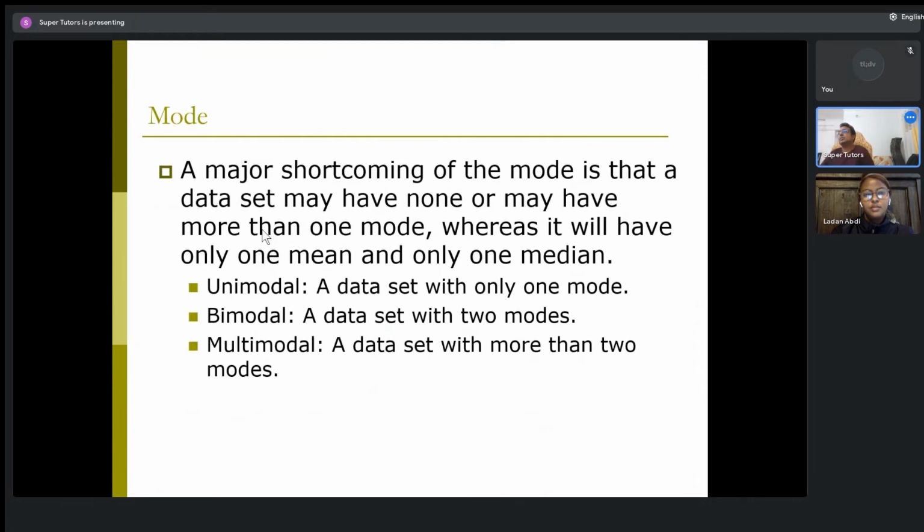Now, you can say that a data set having only one mode is called a unimodal data set. A data set with two modes is called bimodal, and a data set with more than two modes is called multimodal, right?